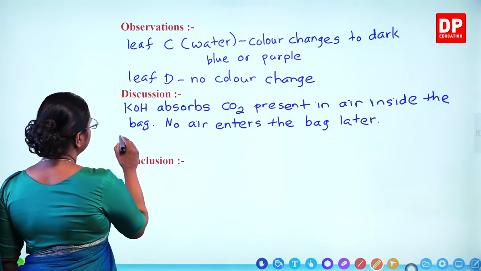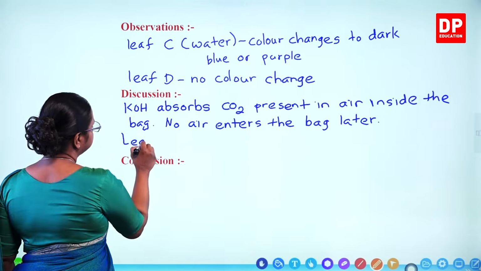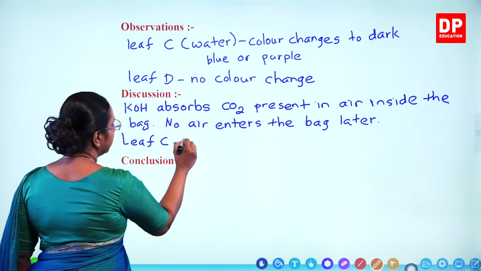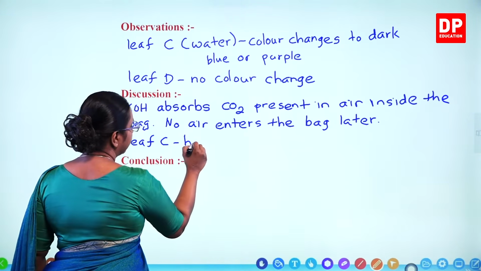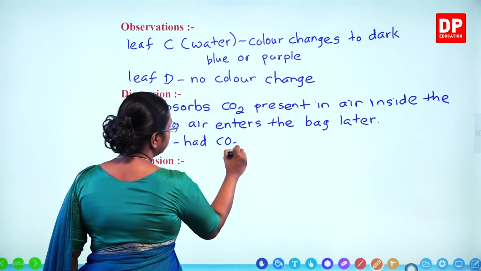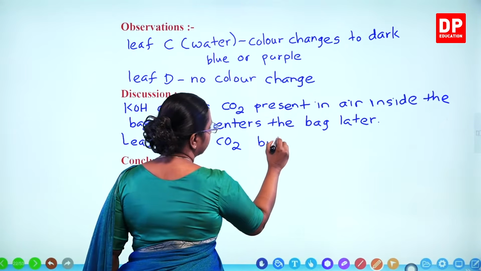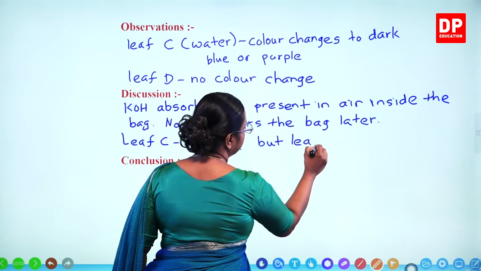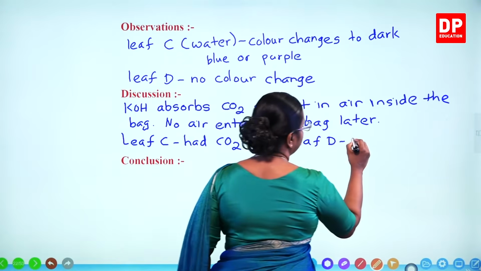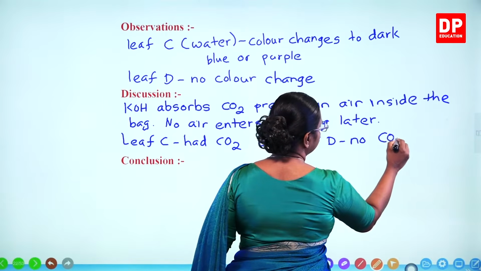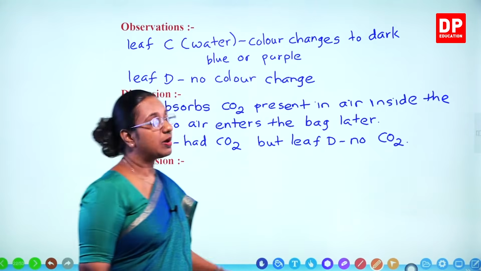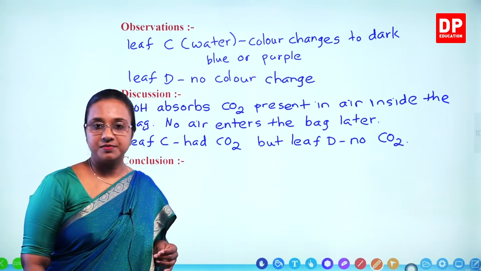So here leaf C had CO2, but leaf D no CO2. That is why we got this observation.